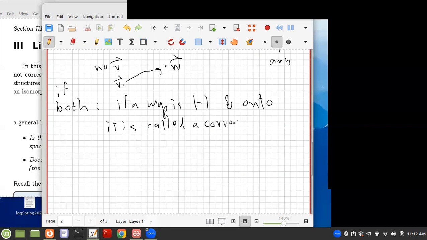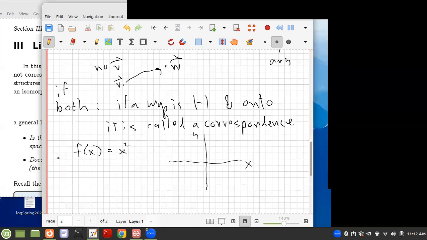This was true in calculus when you had, for example, a real function f of x equaling, say, x squared. If I was to draw a graph of that in the xy plane, a function is a map, and you draw it like this, right?